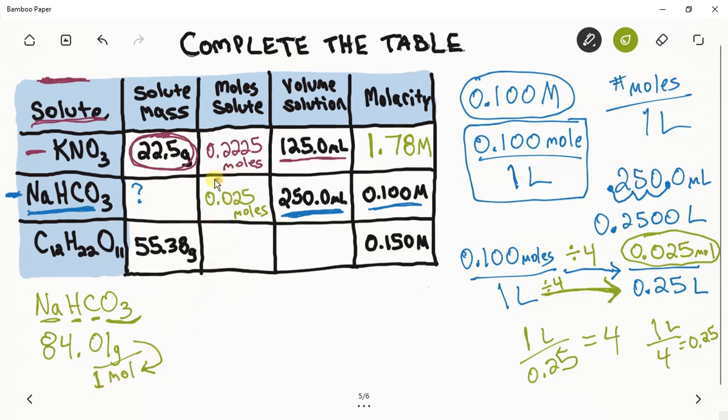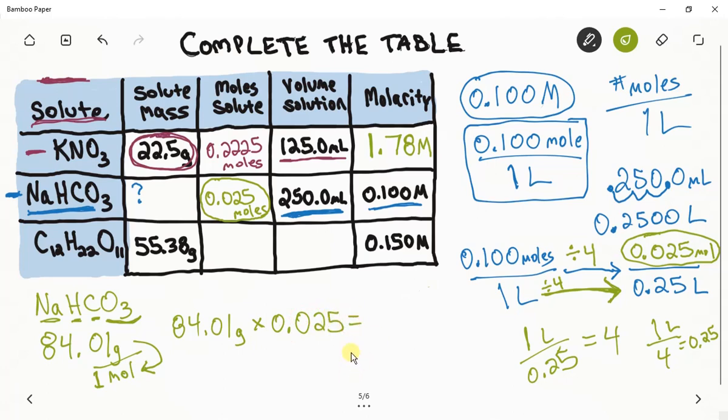If you look to the second box, we have 0.025 moles. So in order to find out how many grams that 0.025 is, we're just going to take this 84.01 grams per mole and multiply it by the 0.025 moles that we do have.